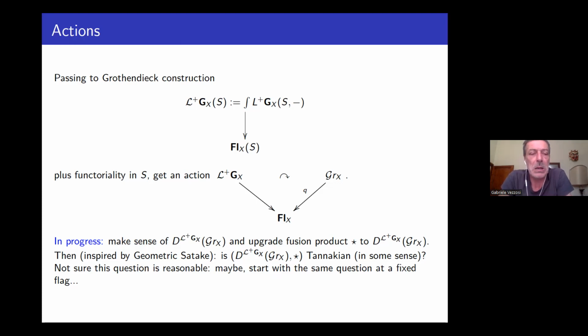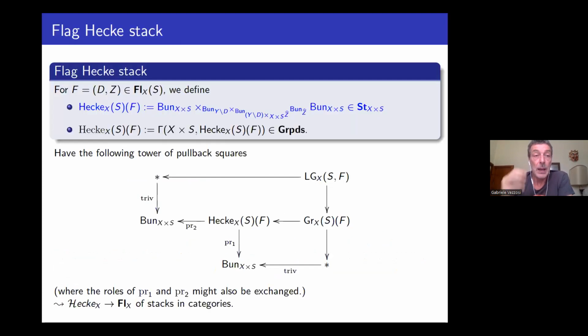I think that's the way I see it. It's very complicated stuff. So maybe starting with the same question but fixing a flag, like an easy surface like P1 times P1, with D being P1 and Z empty. I mean, just look if there is a Tannakian interpretation at a fixed flag. But this is in progress, and progress is an optimistic word.